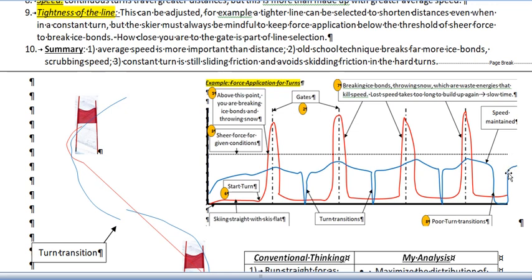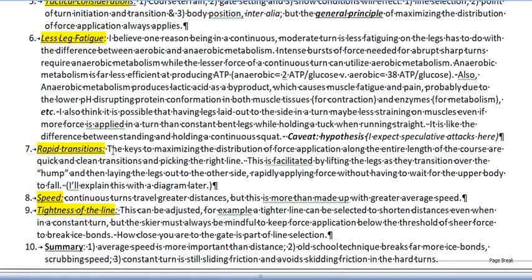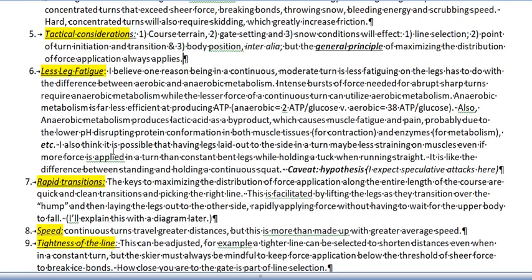So this is kind of erroneous. It should be like a spike of force, and then you break ice bonds, you skid a little bit, okay, right? So the idea is you want seamless transitions, like rapid, where you apply force right away. Don't float in the air, and then when you come down, bam, and then you're applying force. All right. Hopefully that makes sense.